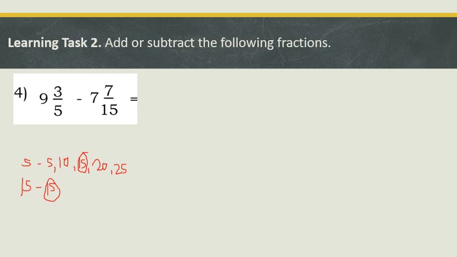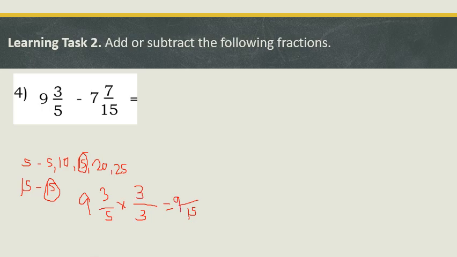So, yung 9 and 3/5, kailangan 15 ang ilalim. Okay? So, hanap tayo na pwedeng i-multiply sa 3/5 para maging 15. Okay? So, ano pwedeng i-multiply sa 5 para maging 15? So, yun po ay 3. So, sulat natin dito yung whole number.